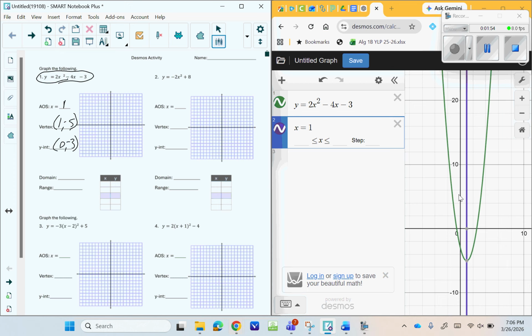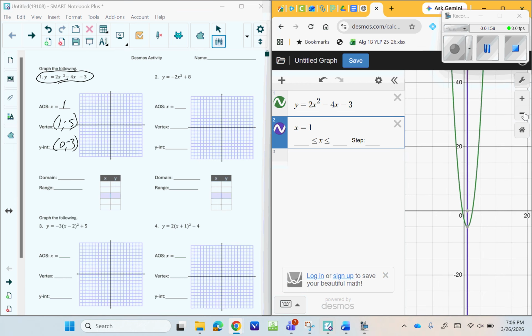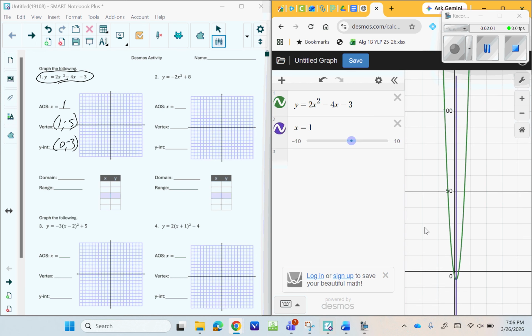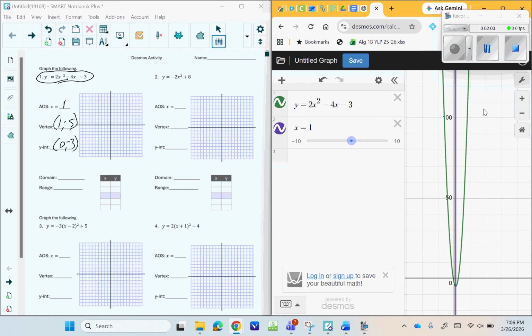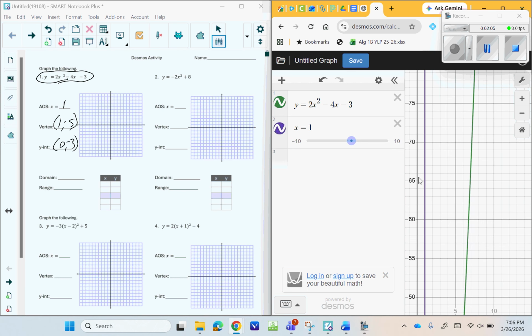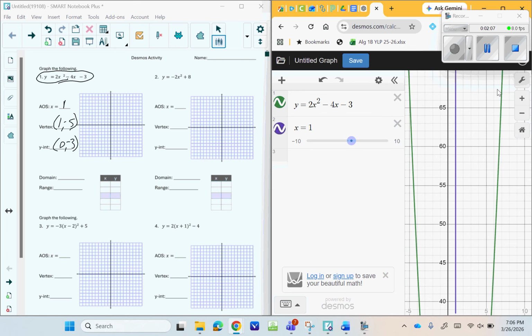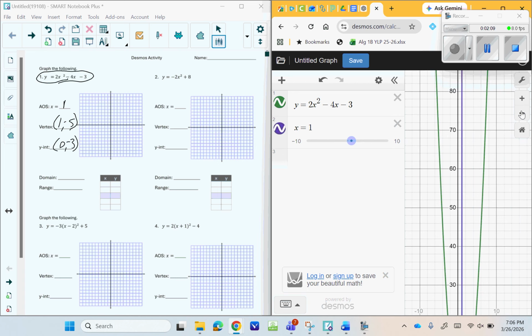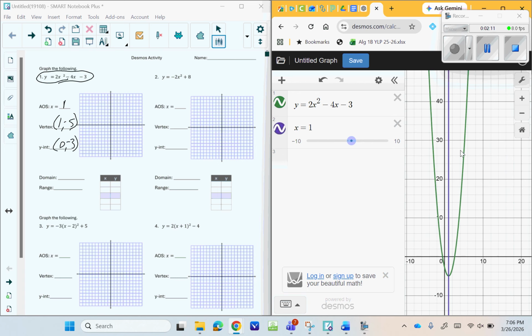Something else I want you to see is that as we zoom out, do you see this parabola? It gets really, really high, but it also slowly goes out and out, more and more. It goes to the left and to the right. It's kind of hard to see because it goes up so far, but it goes way to the left and way to the right as we approach infinity.